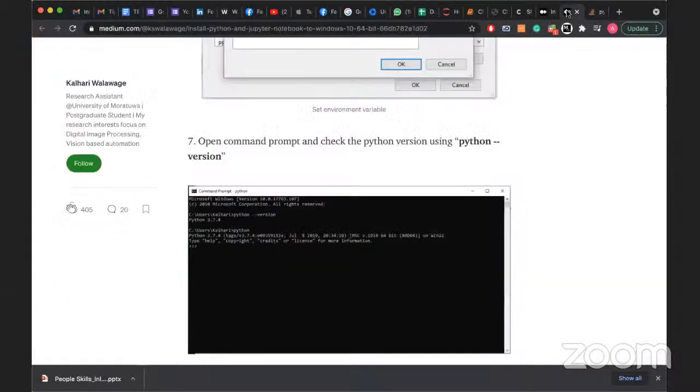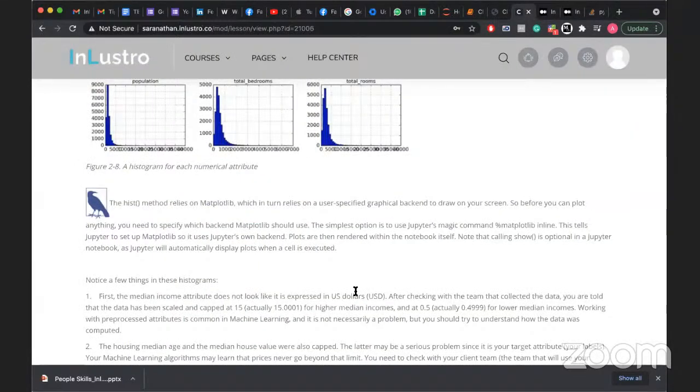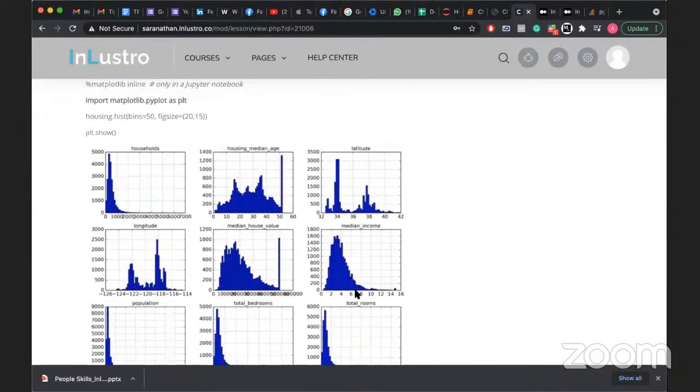Okay, so continuing on, students. Where were we? We were talking about the data set. How does it look? We see that the data is capped here. What do you mean by saying the data is capped? You look at the median income.